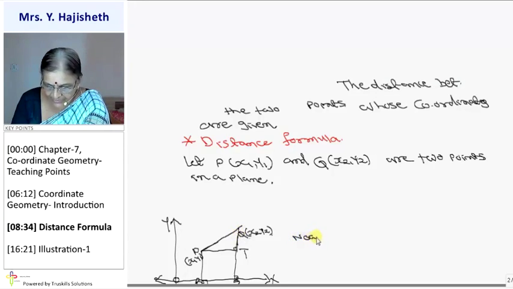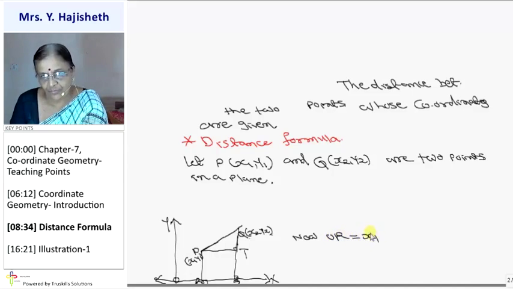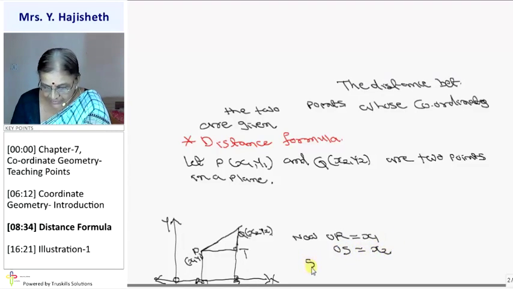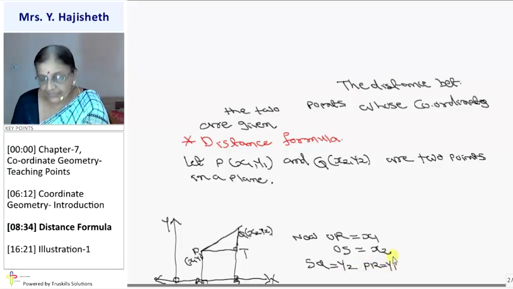Now you see, from the figure you can say OR is equal to x1, okay? The x coordinate of P is x1. So OR is x1. OS is x2, okay? So naturally what is your SQ? It is y2, and what is your PR? It is y1. And what is your PT?